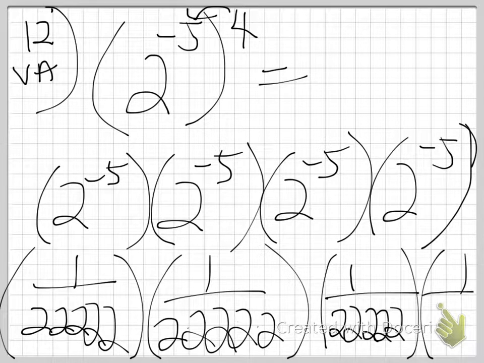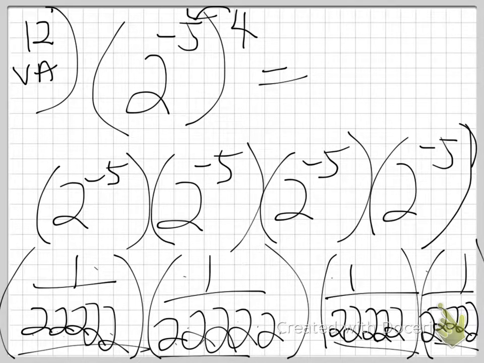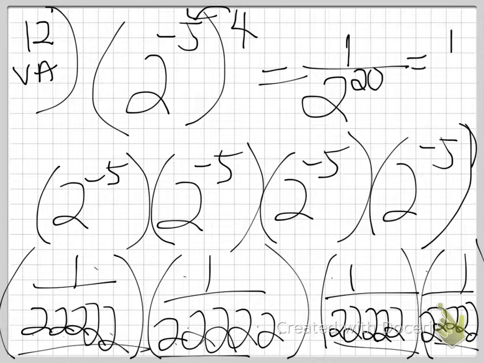In the end, I'm going to have 1 times 1 times 1 times 1 on the top, and then a lot of 2s multiplied on the bottom. How many 2s? There's 5 each time, and there's 4 sets of 5, so I'm going to have 20 2s. That's why I'm going to have 1 over 2 to the 20th, or 2 to the negative 20.